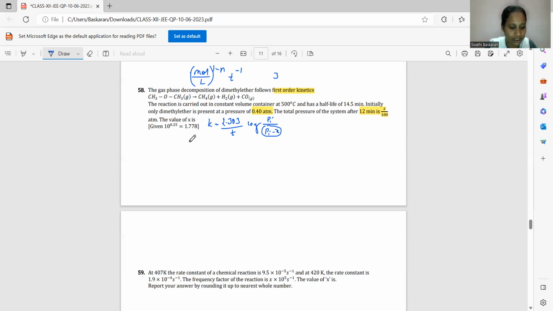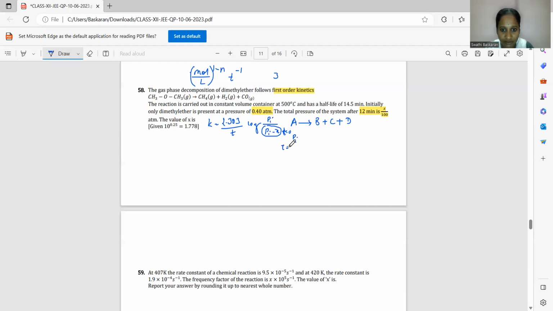Fine, students. Now let us begin. So we will take the hypothetical reaction here where A is giving rise to B plus C plus D. Now when time t is equal to 0, the concentration is the initial pressure Pi.